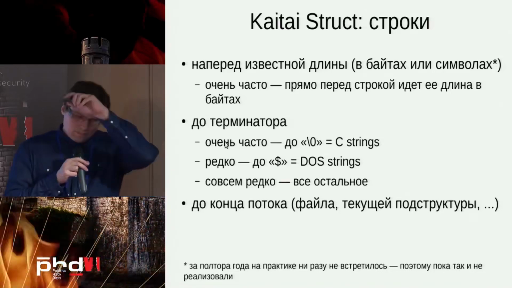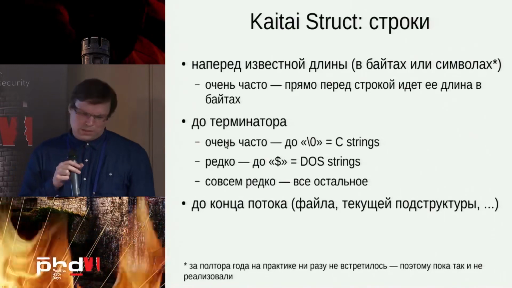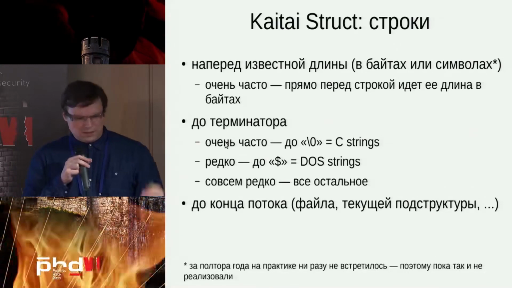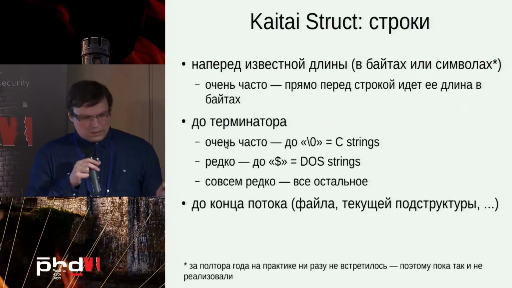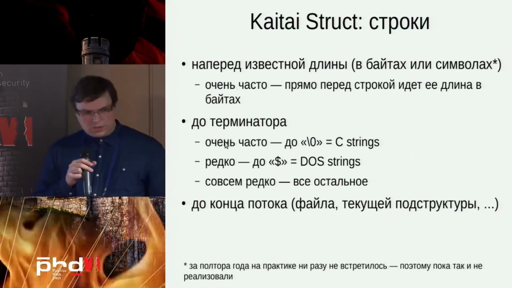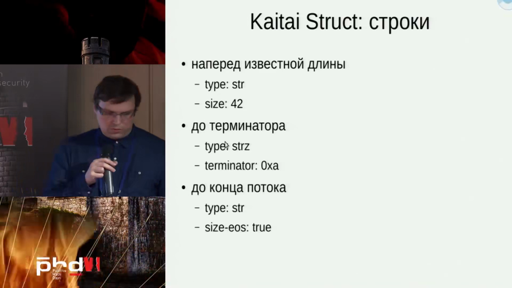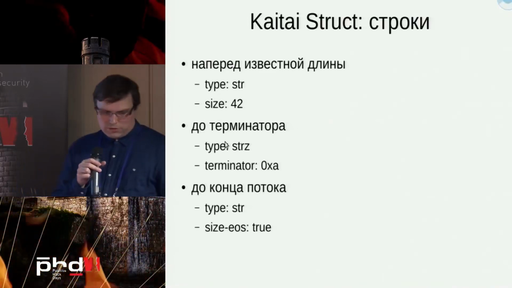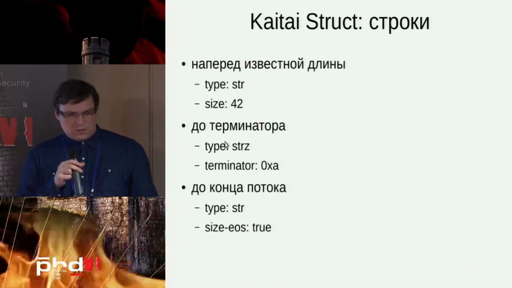Strings are either of known length in bytes or symbols, or there are strings that come before the terminator. In 90% of cases for zero, these are C strings, sometimes before the $ sign, DOS strings, and rarely some other options. Or we read the string till the end of the stream, a file, or the current substructure as valid.